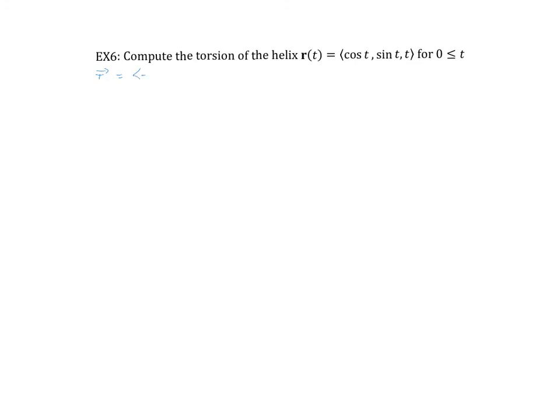And this would be negative sine t, cosine of t, comma 1, divided by magnitude, so sine squared plus cosine squared would be 1 plus 1, or 1 over the square root of 2 times the vector negative sine, cosine, 1.